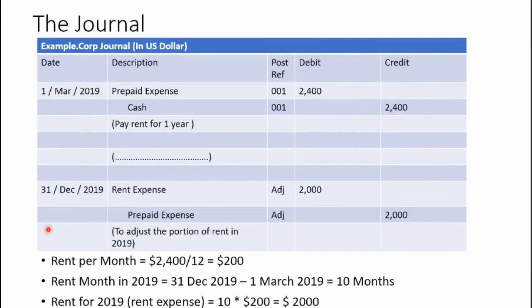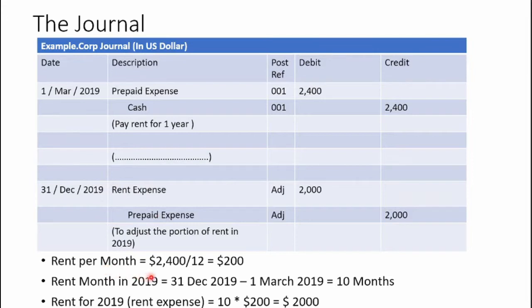But at the end of the accounting period, or let's say on 31st December 2019, he needs to make an adjustment because his prepaid is no longer this amount. It's no longer $24,000. So how do we get the exact rent expense amount?